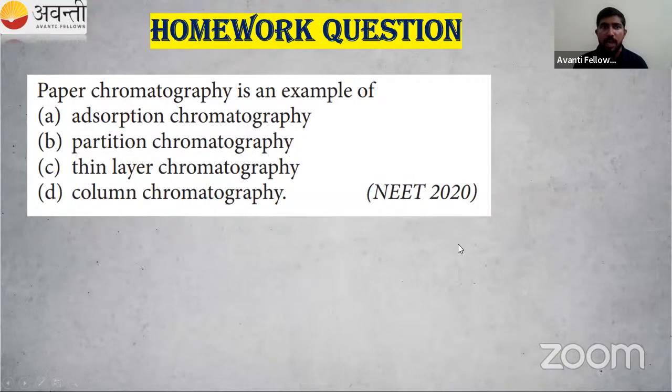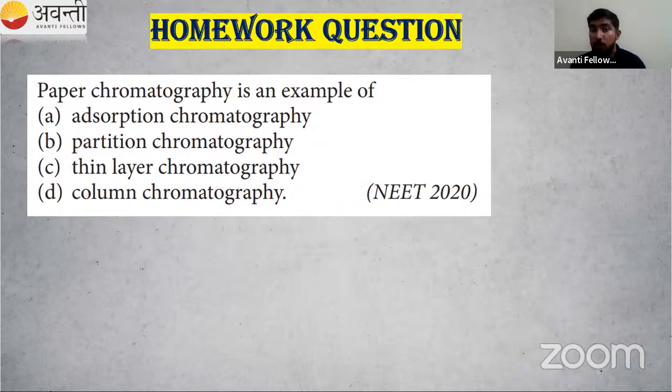This NEET question: paper chromatography is an example of. You can give me the answer now or later, no issues. NEET 2020 question: paper chromatography is an example of adsorption chromatography, AP, then below that TLC, thin layer chromatography, column chromatography? It's an example for adsorption, right?